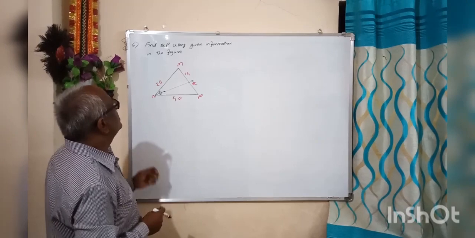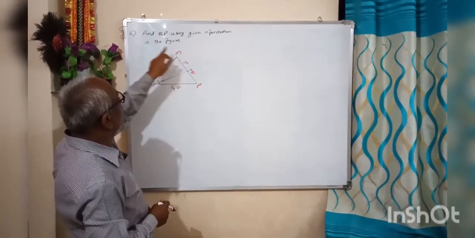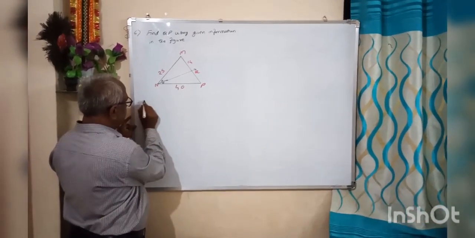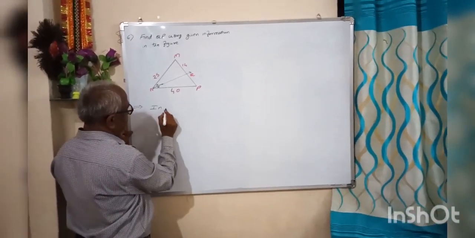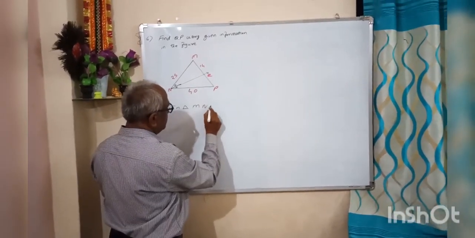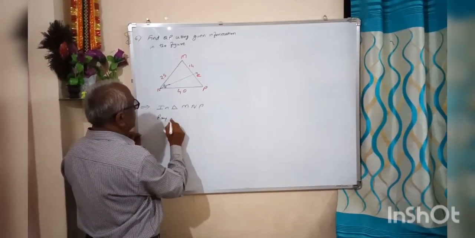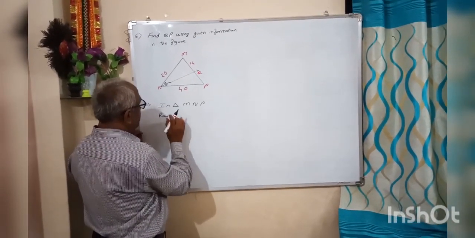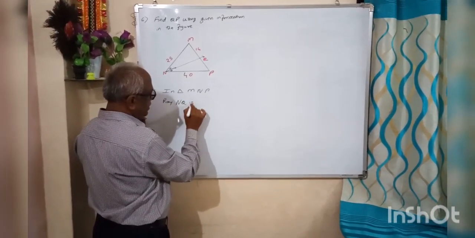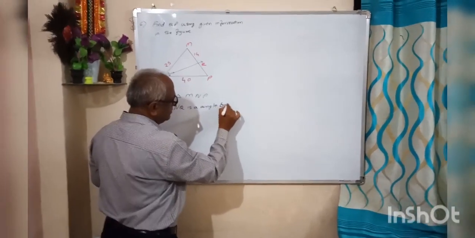Now example number 6. Find QP by using the given information in the figure. Now here in triangle MNP, ray NQ is an angle bisector.